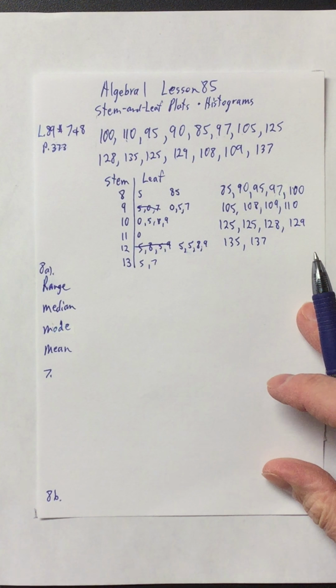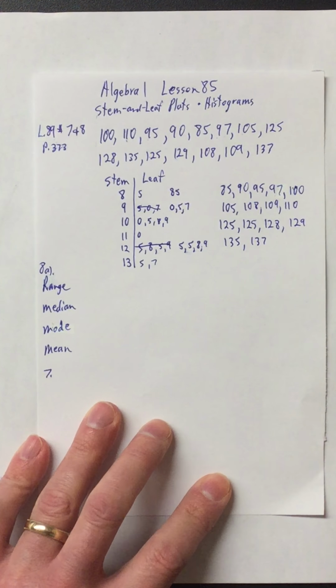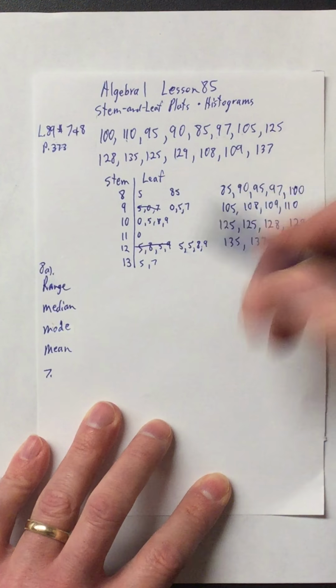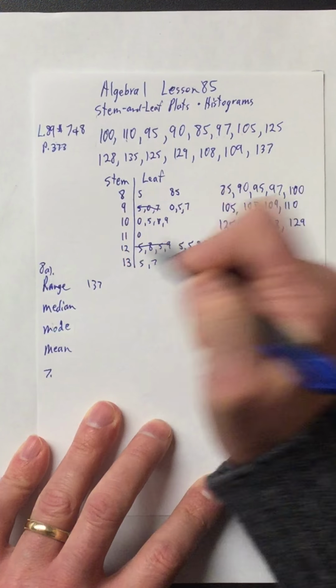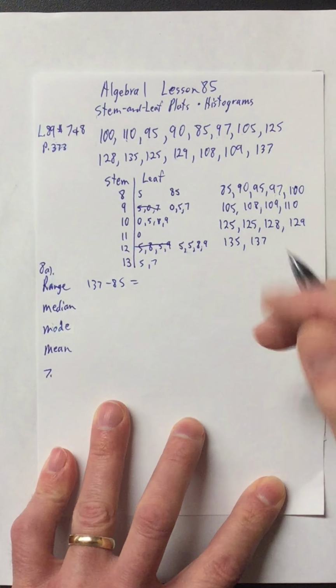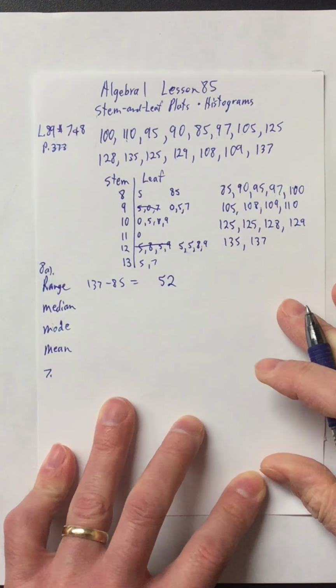What is the range? Well, the range is between the highest and the lowest. Here's our highest, 137, and my lowest is 85. So I do 137 minus 85, and my range is 52.